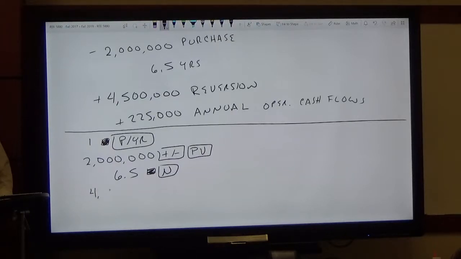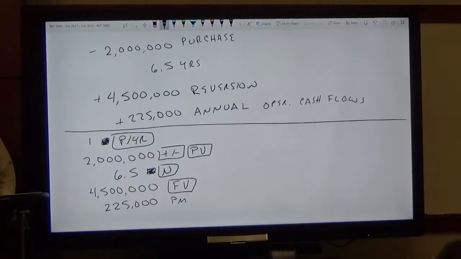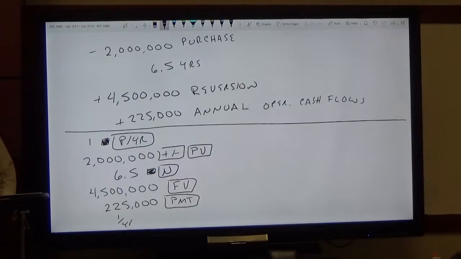Then put in 4.5 million as our future value or our reversion. And then put in 225,000 as our payment. And then we're going to simply solve for the interest rate, or in this case, the rate of return. Okay? Now, let's do that.